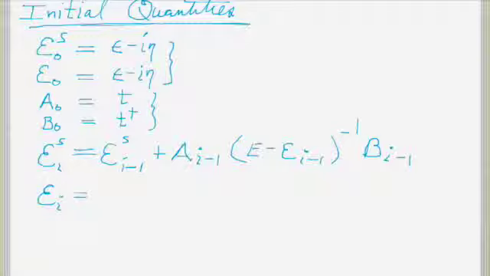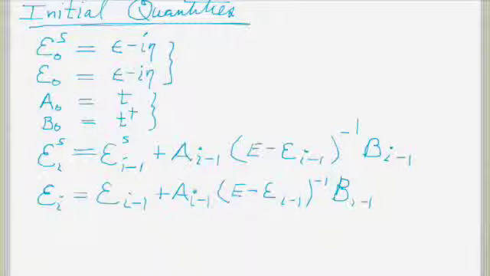So these other generic ones in the middle of the lead somewhere are E i minus 1 plus A i minus 1 times E minus the script E i minus 1 inverse times B i minus 1, plus coupling to the other site.